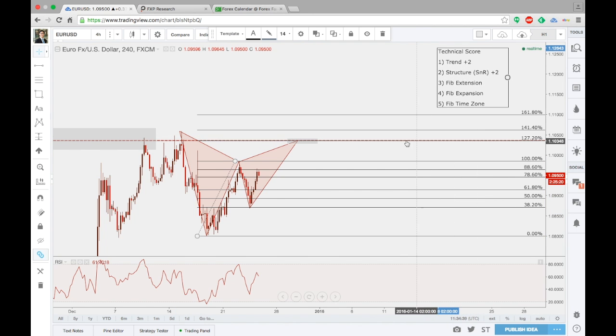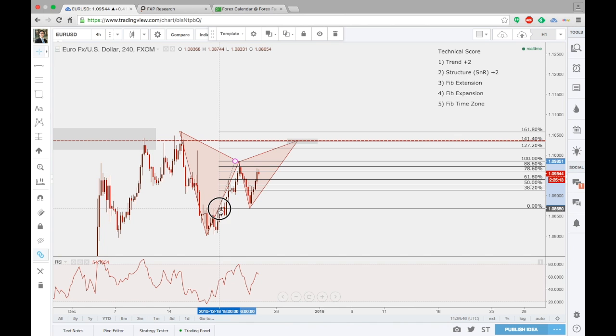So we identified this level. Then I also pull from the midpoint, which is your B point, to point C, and you can see how this level coincides exactly at the 1.4 extension as well.